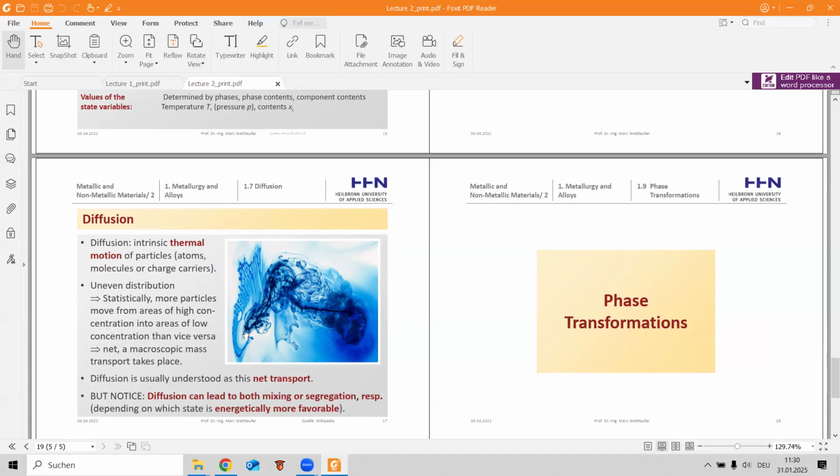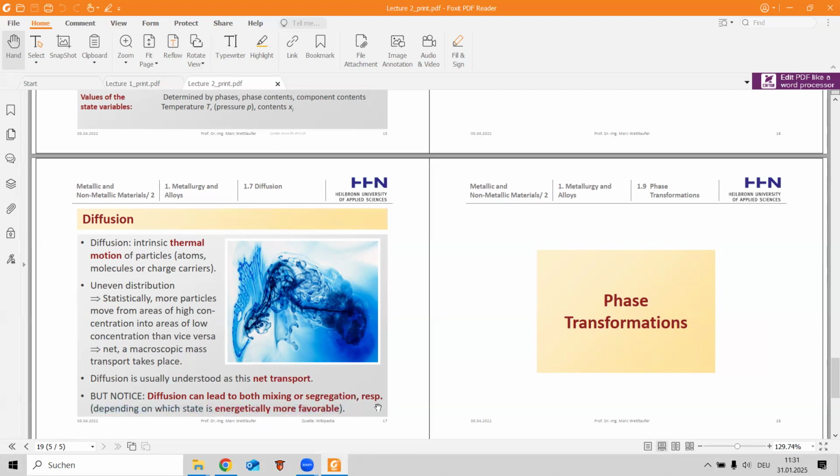So it's a main principle, also used in chemistry and biology. Net macroscopic mass transport takes place, and diffusion is usually understood as this net transport. Diffusion can lead to both mixing or segregation, depending on which state is energetically more favorable.